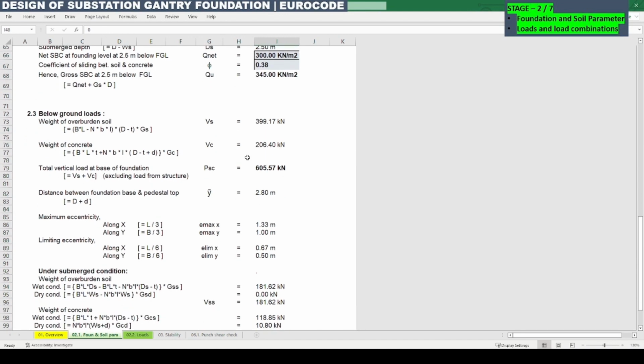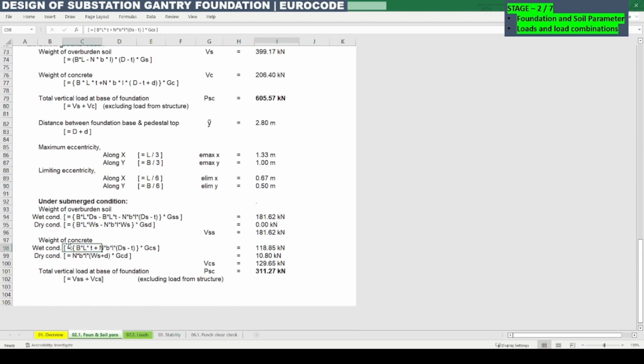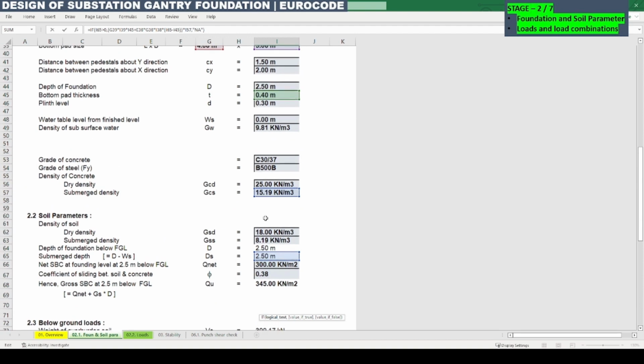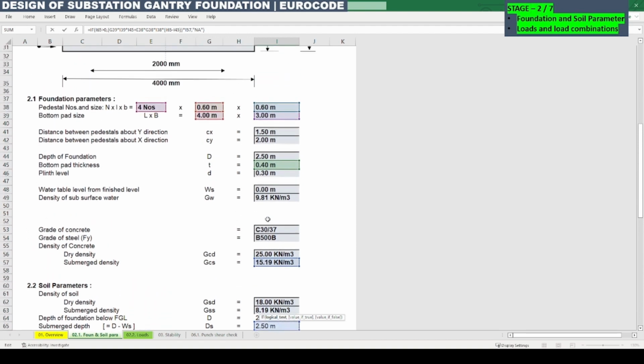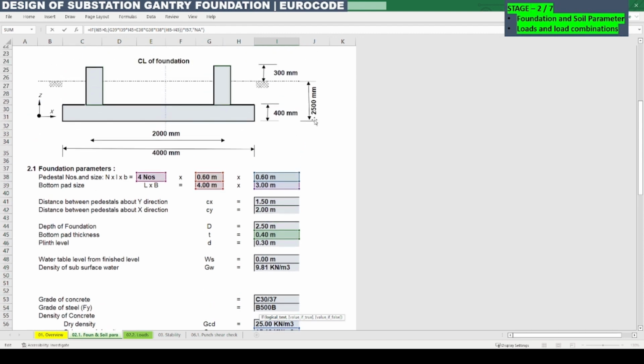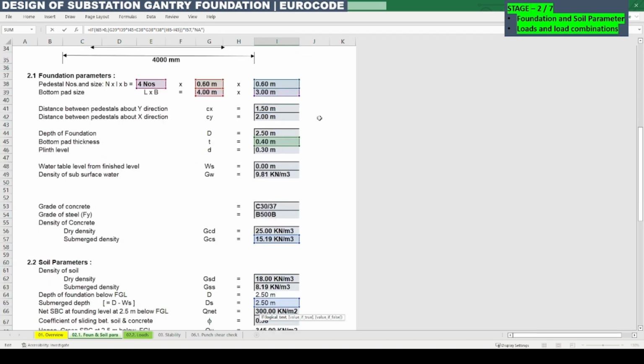And the next one is the concrete submerged weight. Here, as it is fully submerged, the entire mass below the ground we need to consider as a submerged condition. So the mass of the concrete in submerged condition means up to that 2.5 meters.